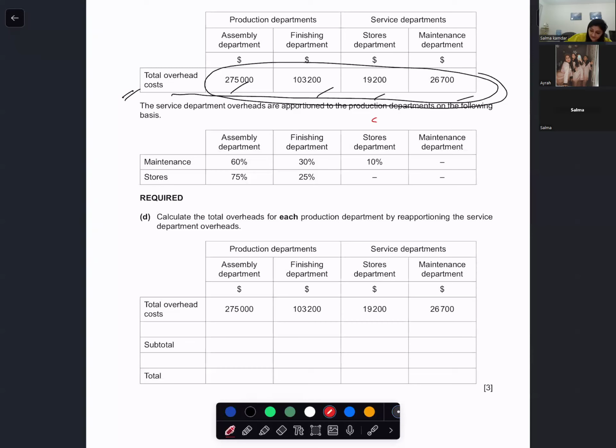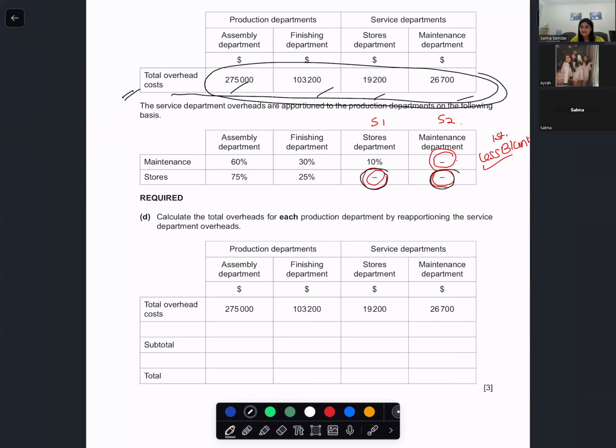So I have service department 1, I have service department 2. Which one to reapportion first? You will reapportion the one which has the fewer blanks. So maintenance department first. The one which has more blanks will be reapportioned last.